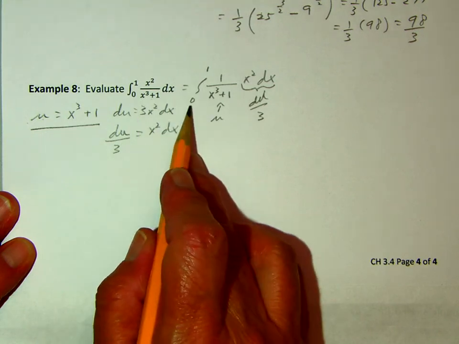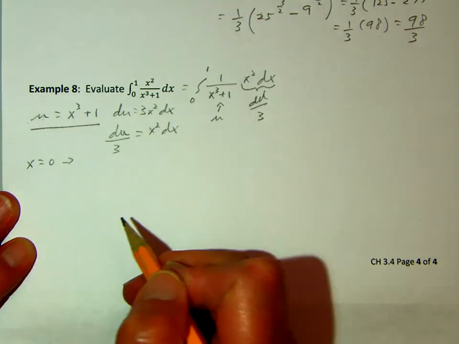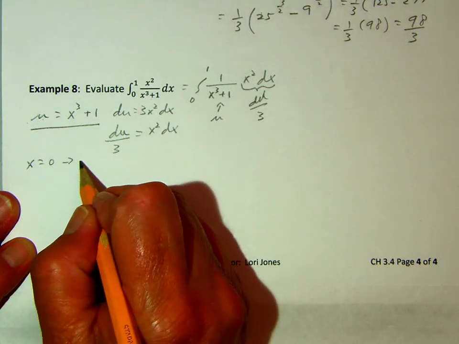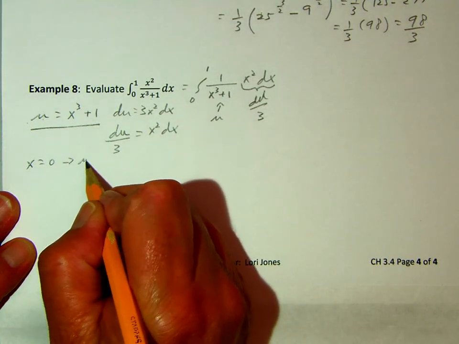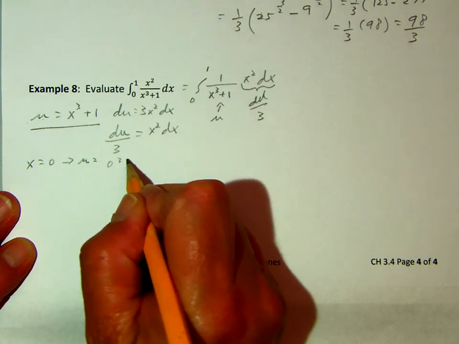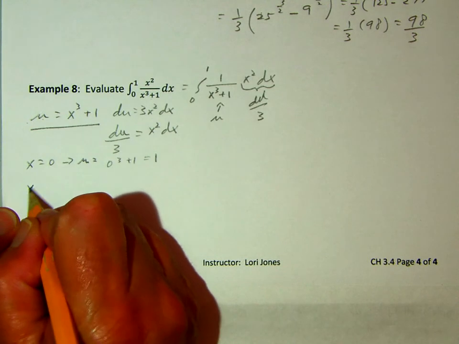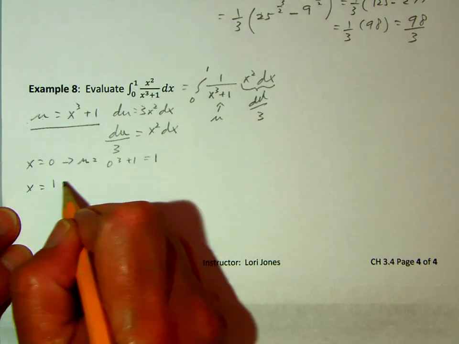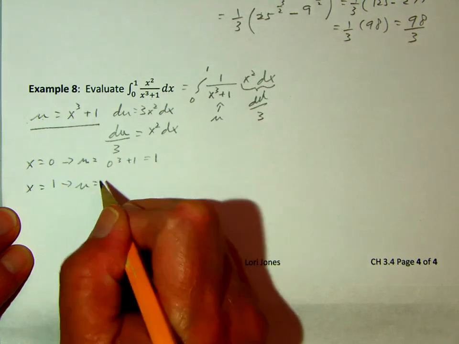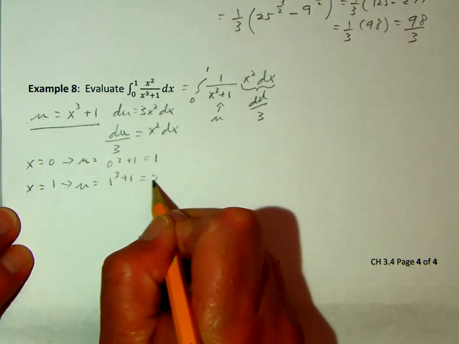So if x is 0, then u would be 0 cubed plus 1, or 1. And if x is 1, then u would be 1 cubed plus 1, or 2.